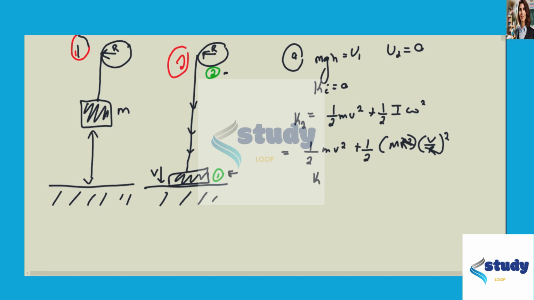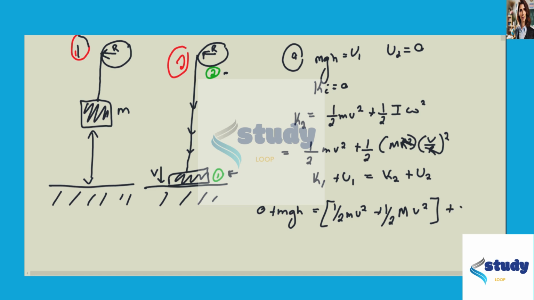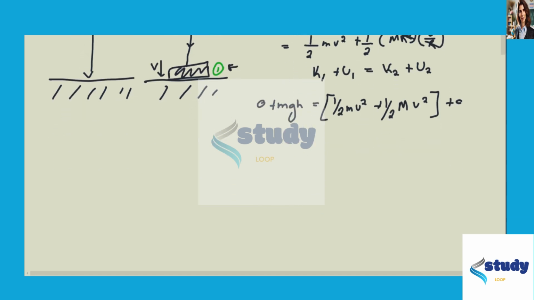And now we're going to use the law of conservation. So we have kinetic energy plus potential energy of the first system equals kinetic energy plus potential energy of the second one. And so here we have 0 plus mgh equals 1/2 mv squared plus 1/2 capital M, oops, not r, v squared, plus 0. We'll scroll down here.